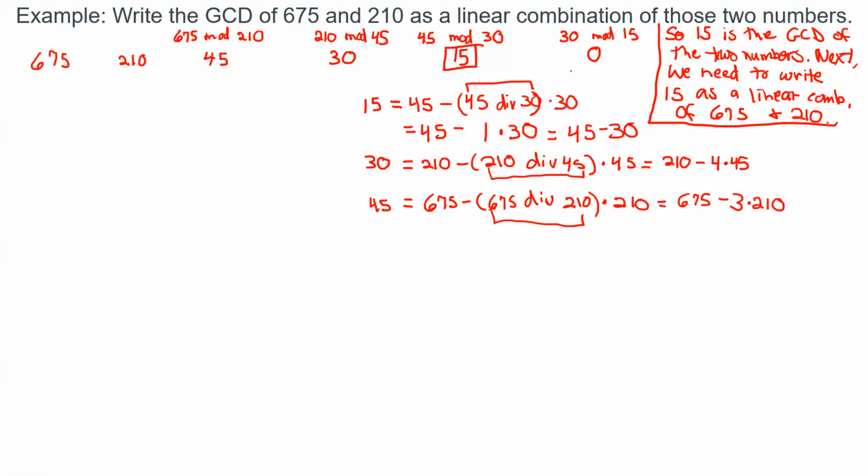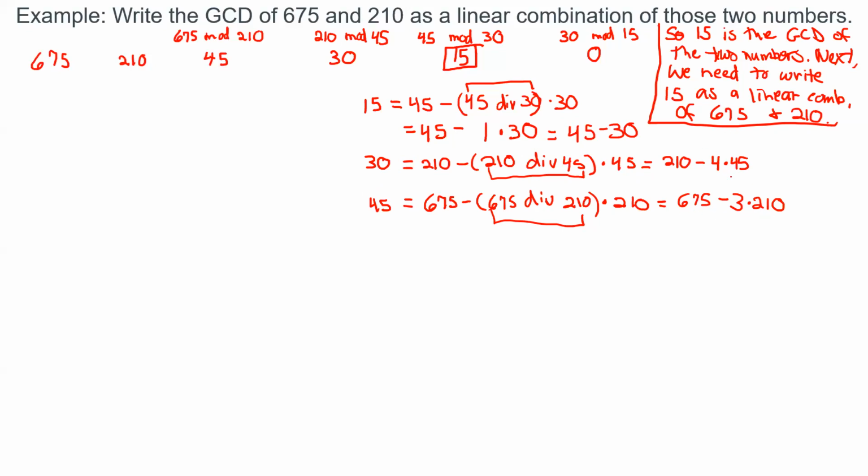Okay, and those are the only R's we ended up with, right? Because the other numbers were the X and Y that we started with. Now, remember, we're trying to get 15 as a linear combination of 675 and 210. So we need to use all of these, because you see why 45 can be written as a linear combination of those two numbers.